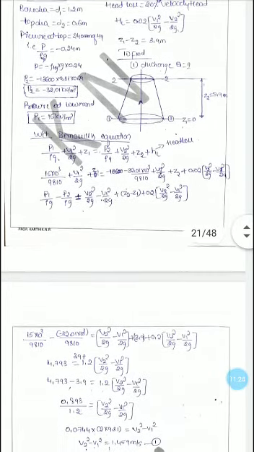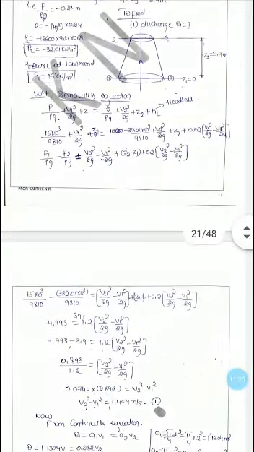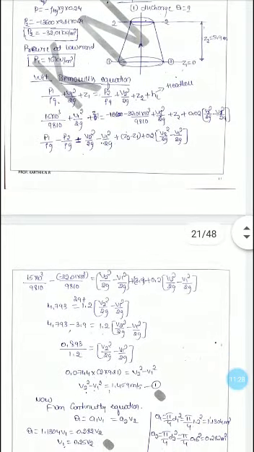We can see in the Bernoulli's equation, at section 1 and section 2, P1 by rho g plus V1 square by 2g plus Z1 is equal to P2 by rho g plus V2 square by 2g plus Z2. Here we need to consider the losses, HL, and substitute all the values in this equation.